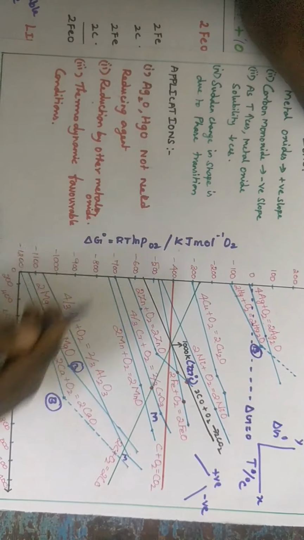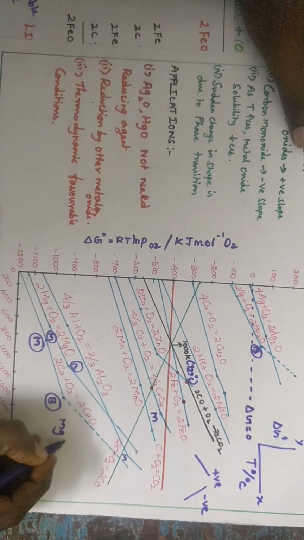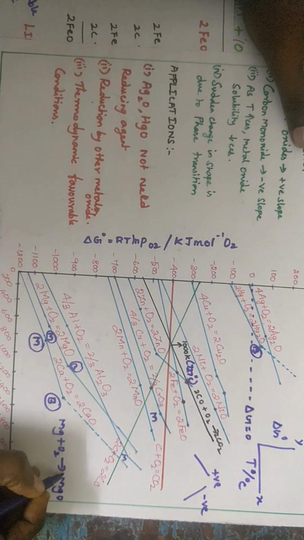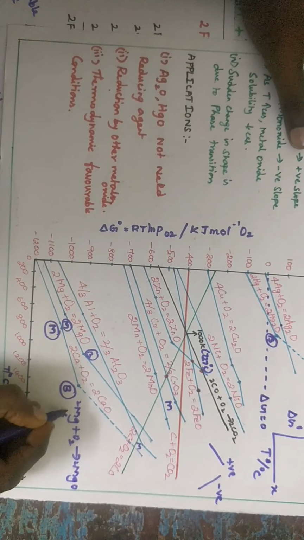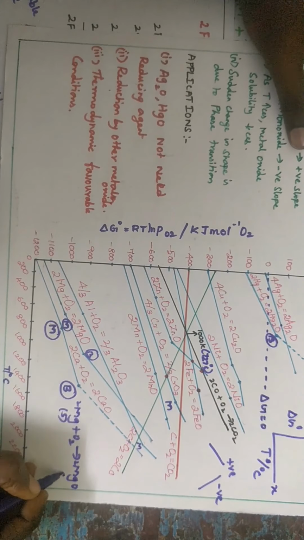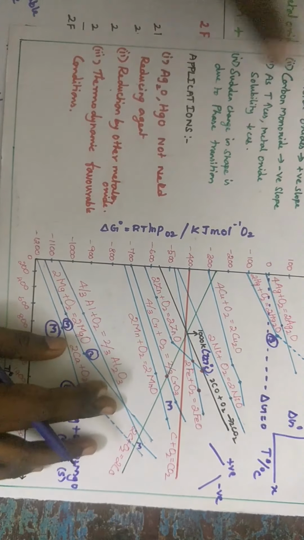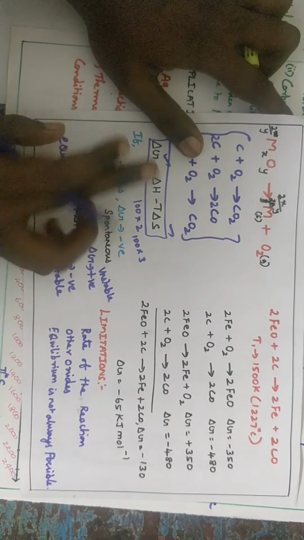Simple. Now take one equation: 2Mg plus O2 gives 2MgO. Here the metal Mg is solid, MgO is solid, and O2 is in the gaseous state. Already previously I mentioned, delta S increases means delta G becomes more and more negative.